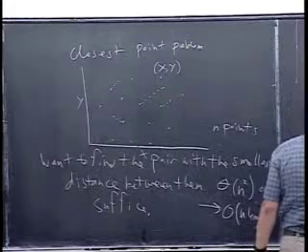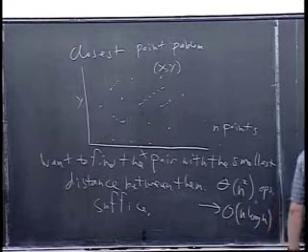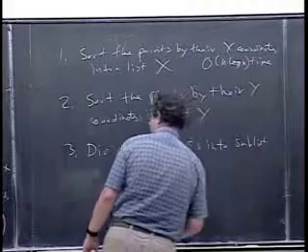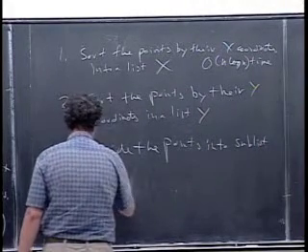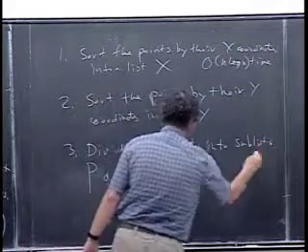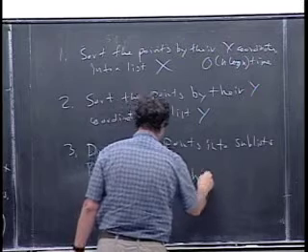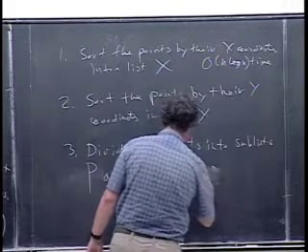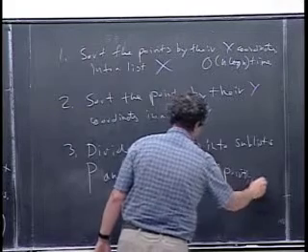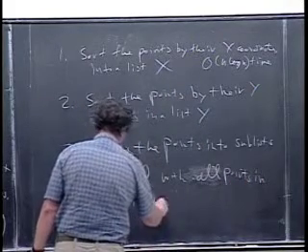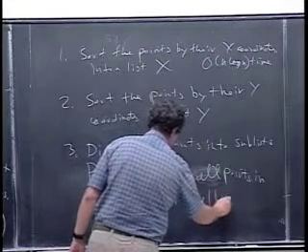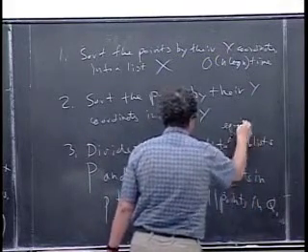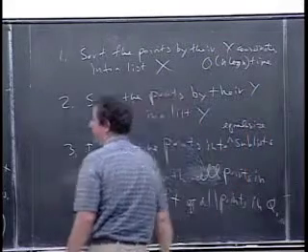So divide the points into sublists P and Q, with all points in P to the left of all points in Q, two roughly equal-sized sublists.